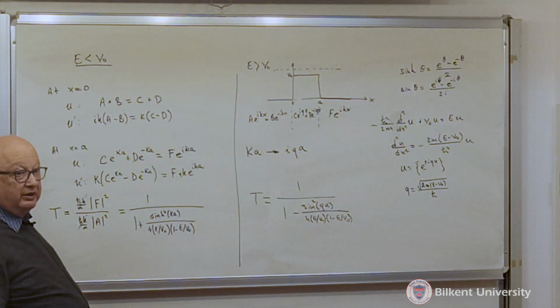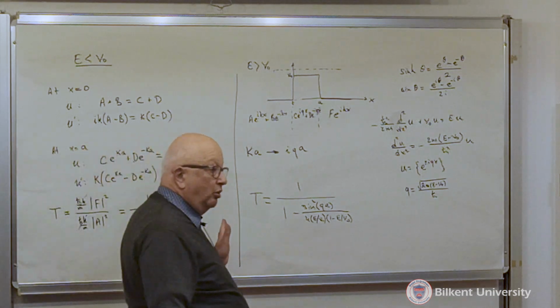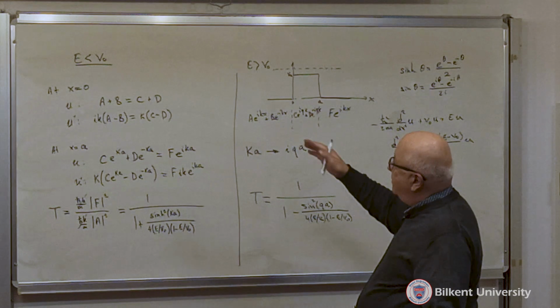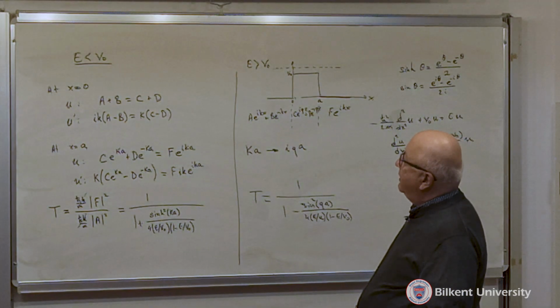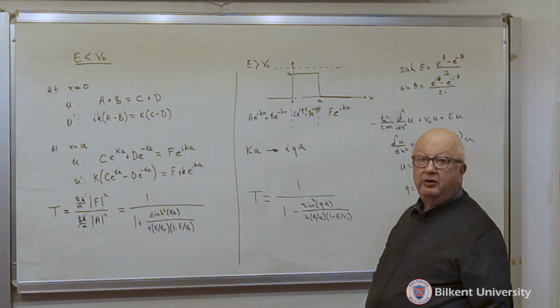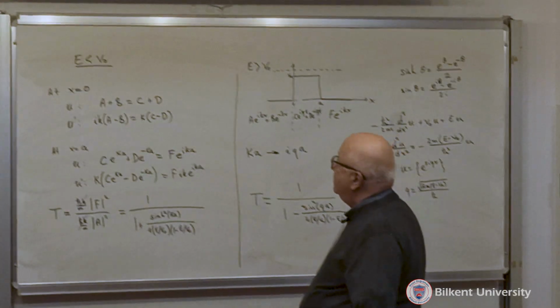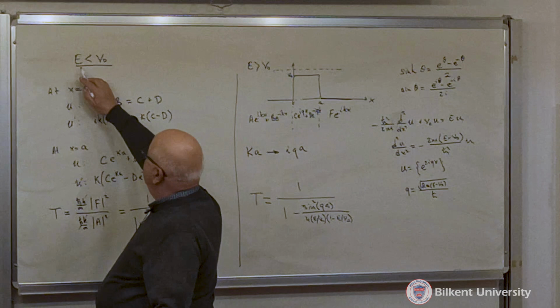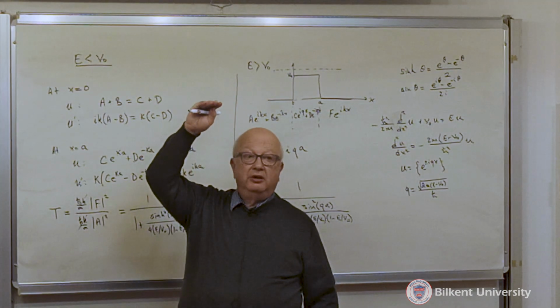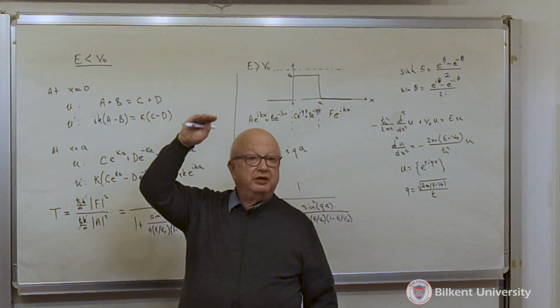And I'm going to get two types of solutions depending on whether my energy is less than V0, whether I'm below the barrier. So this is the case when the energy of the incident particle is less than the peak of the potential energy.